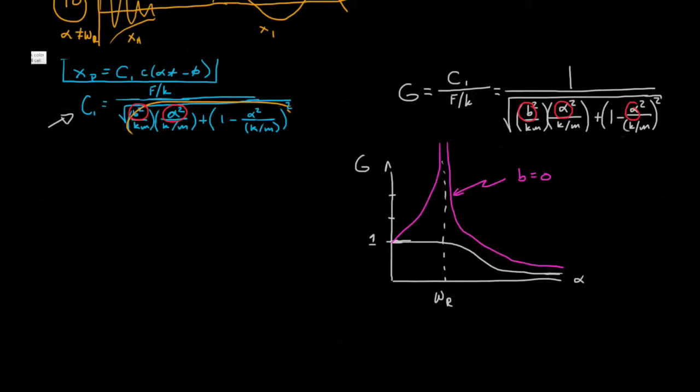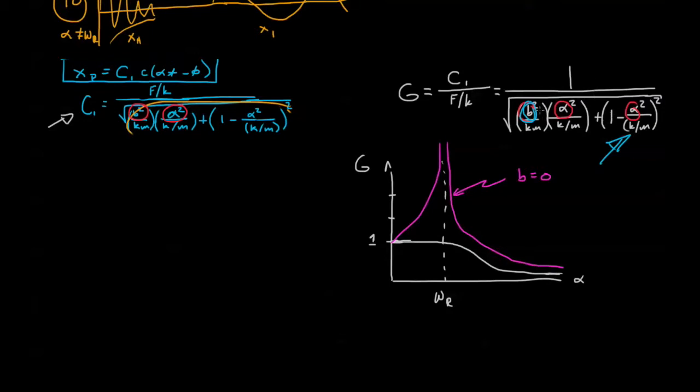Now let's imagine that we're going to have a small b. So this term right here is going to be small, in which case, if our forcing frequency is exactly the same as the resonant frequency, this term's going to go to 0, but it's not going to be a 0 in the denominator because we do have a small number here.